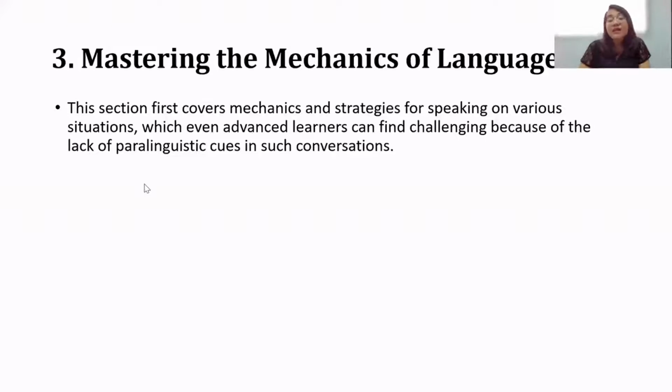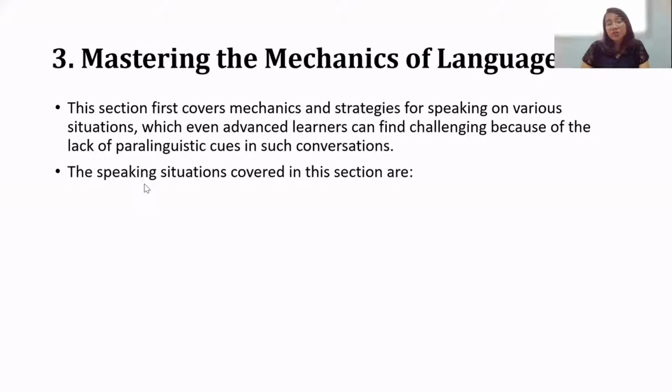Even the advanced learner can still find it difficult and challenging to take part in the various academic situations, right? Because the vibe is different, the situation is different, the expressions that should be used are also different, and the strategies too are different, right? So as mentioned here, even advanced learners can find it challenging. It's not only for beginner and intermediate level English learners.